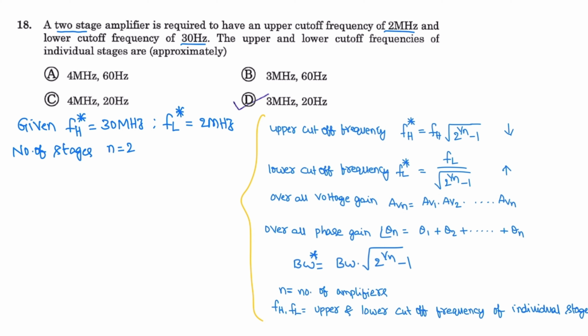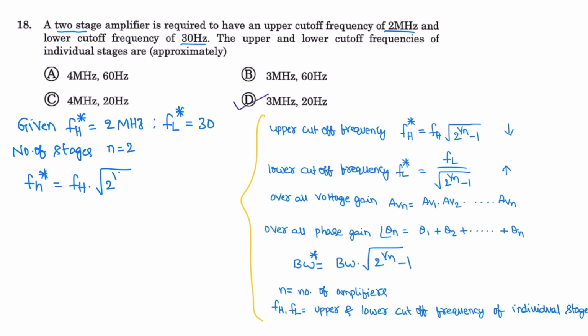In the question they have given fh star is 2 MHz and fl star is 30 Hz, and we need to calculate the value of fh and fl. Therefore fh star is equal to fh into square root of 2 power 1 by n minus 1.